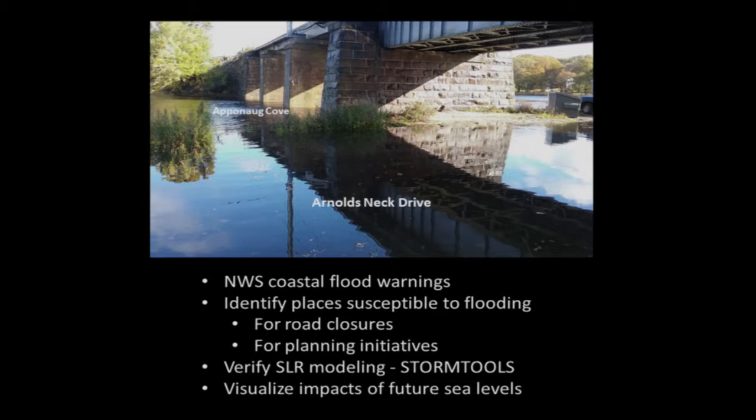So to see if they want to relocate some of these roads. It's also being used to verify, we've looked at them to verify the storm tools sea level rise modeling, and I have to say the storm tools are right on. And then it's also good to visualize the impacts of future sea level rise.